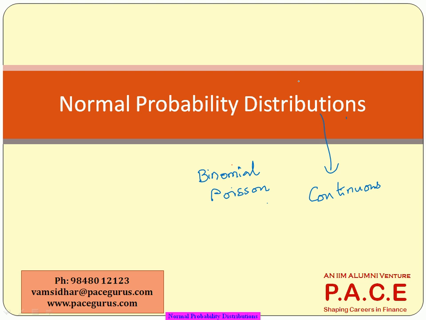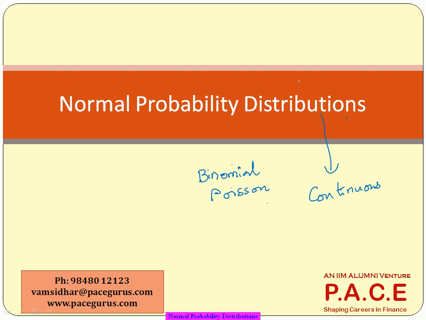So let's see some of the important characteristics of this normal distribution, because normal distribution has several applications in statistics, either for making conclusions about data or for doing some kind of predictions.